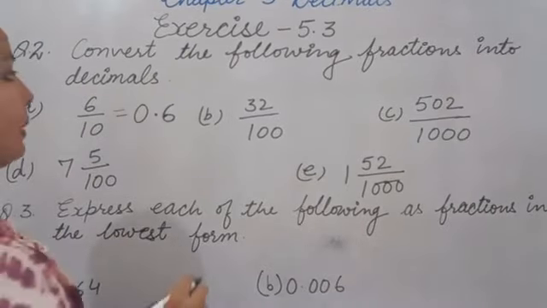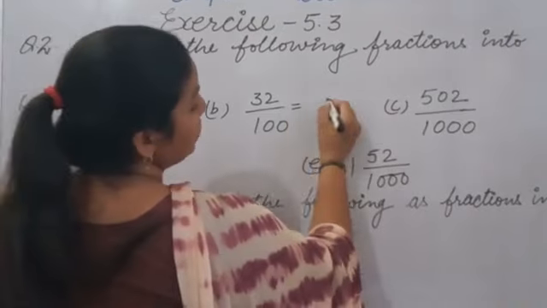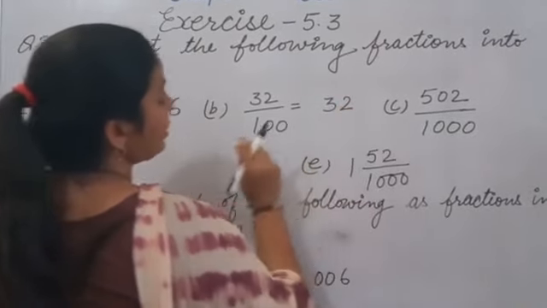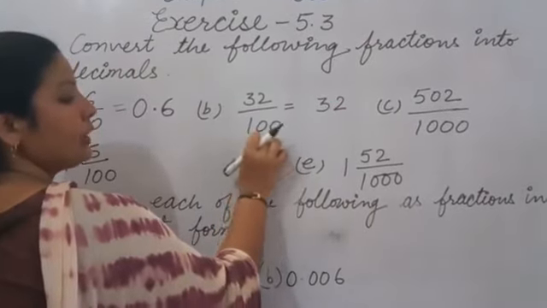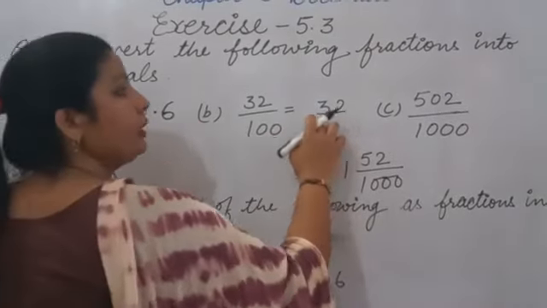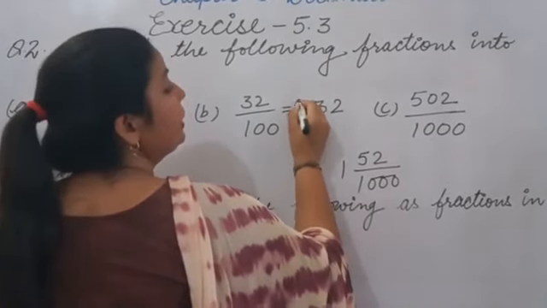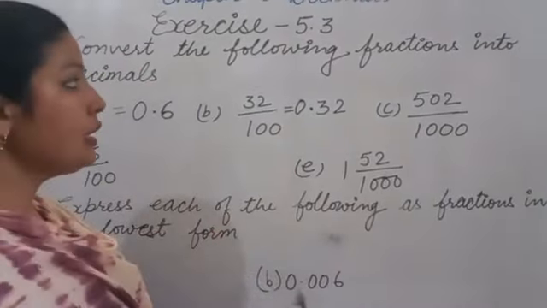Now it's the B part. 32 upon 100. First of all, numerator as it is, 32. In 100 we have 2 times 0, so we will take 2 decimal places. So 1, 2, there we will put the decimal. So it becomes 0.32. That's your answer.